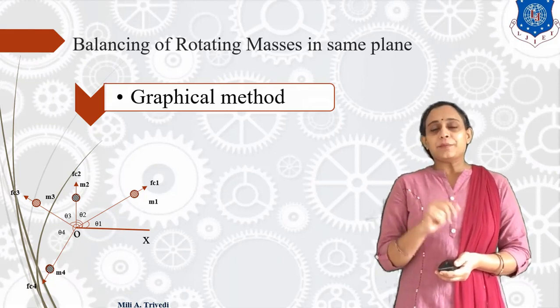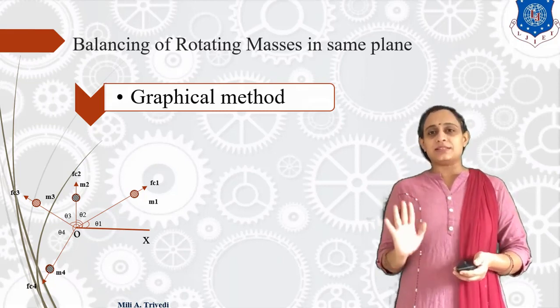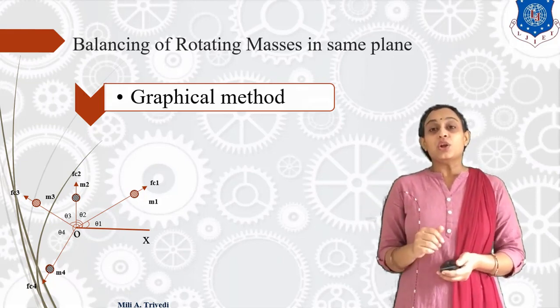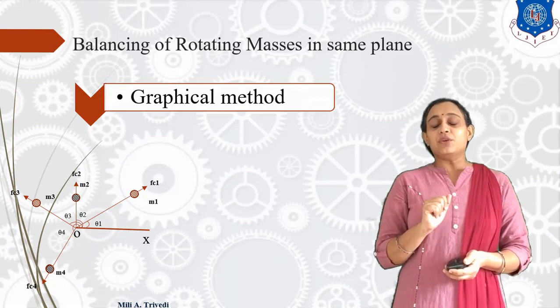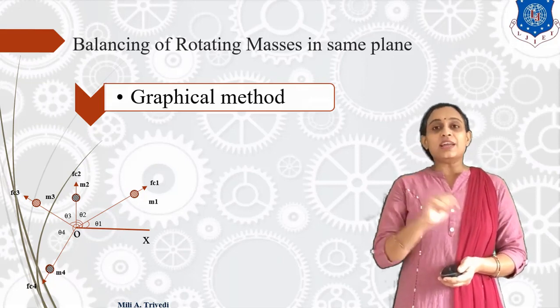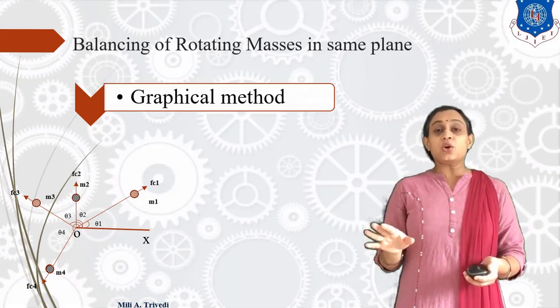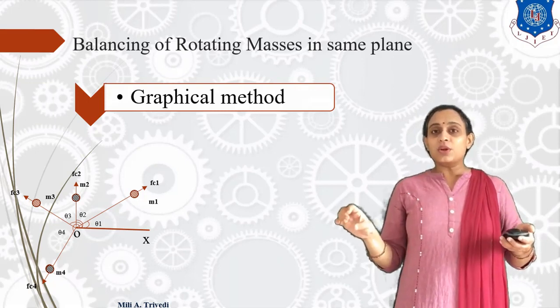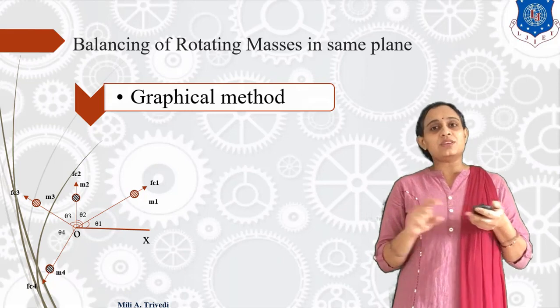Now, in this case, omega is the same for all the masses. It means for M1, M2, M3 and M4. For all four masses, angular velocity is the same because they are all mounted on the same shaft.